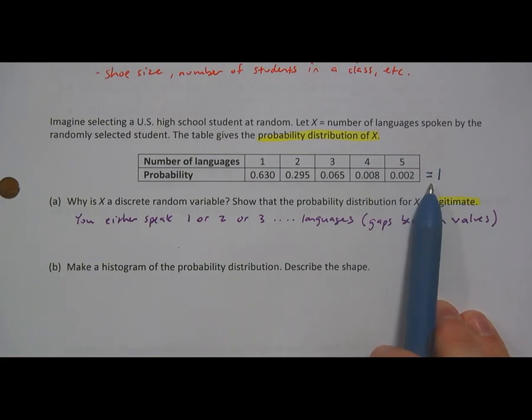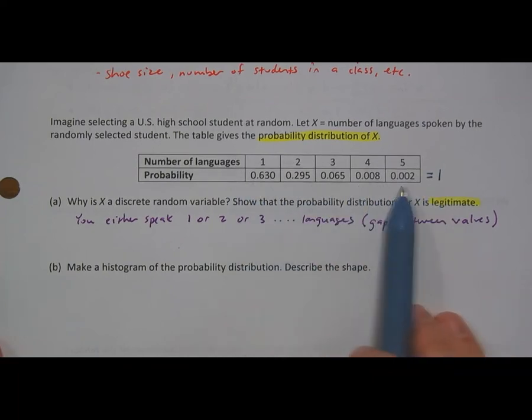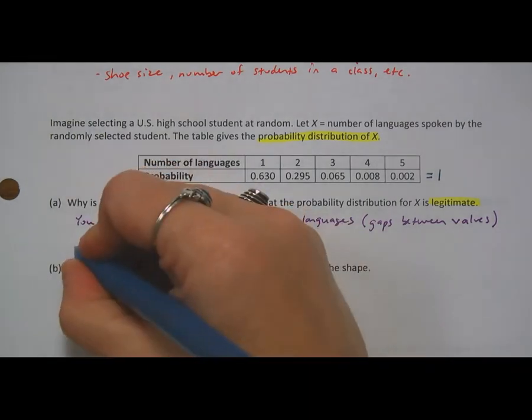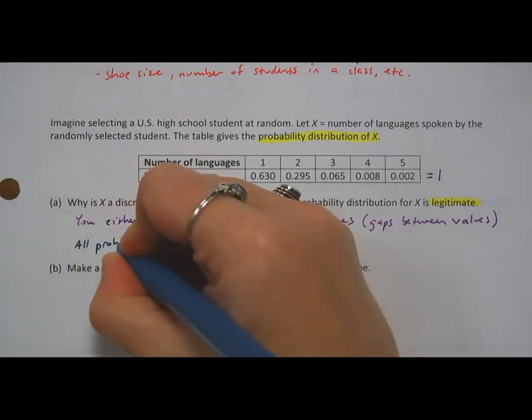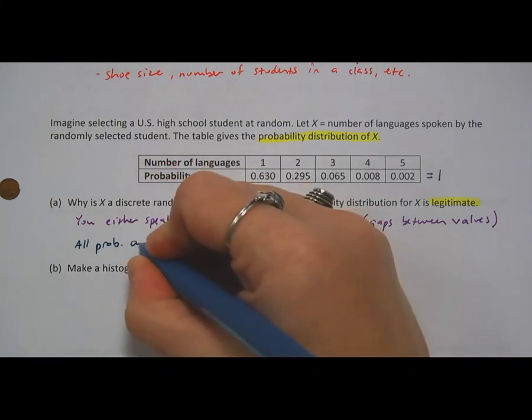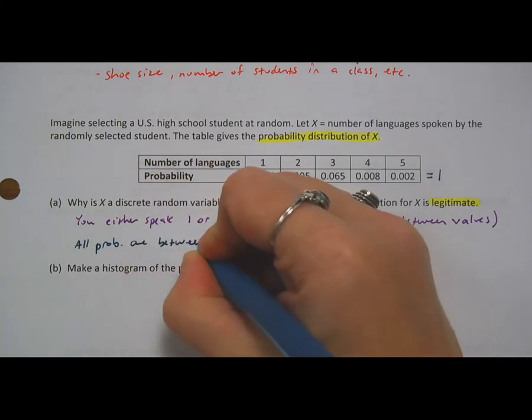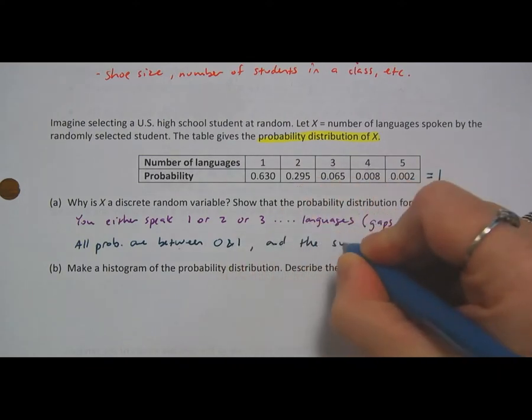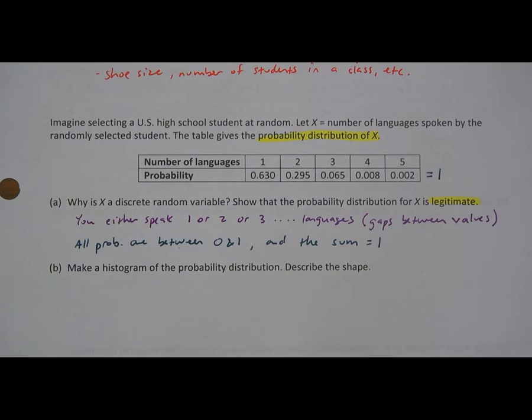If we actually grabbed our calculators and added those together, we would see that they do equal 1. So where it says show that the probability distribution is legitimate, you can just write all probabilities are between 0 and 1, and the sum is 1. So just check for those two things.